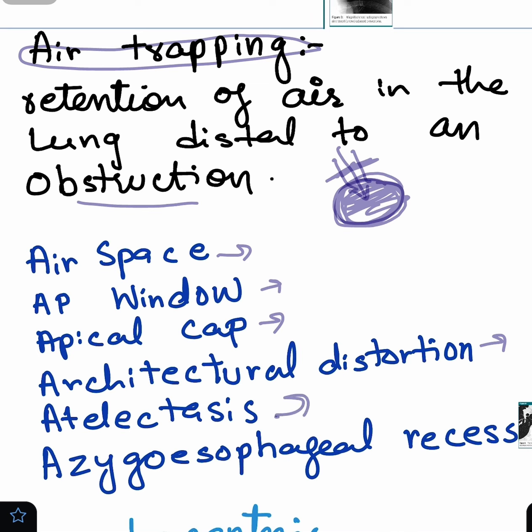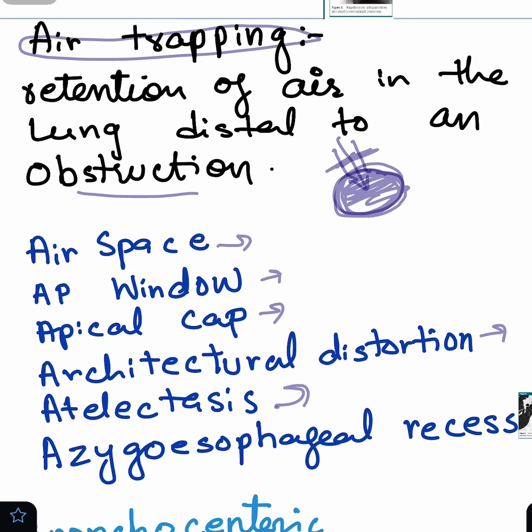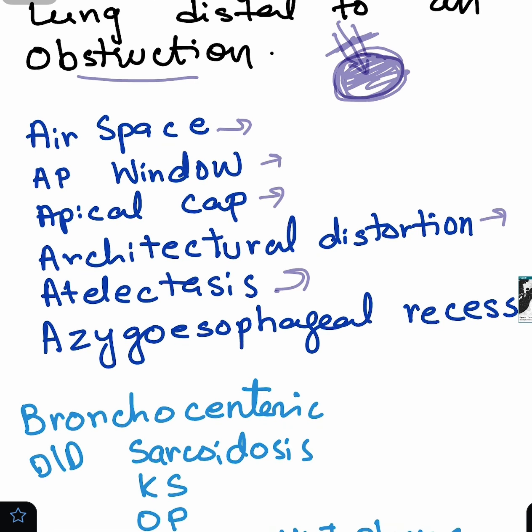We know atelectasis and collapse. It is a reduced inflation of all or part of the lung, could be because of obstruction, endobronchial neoplasm.